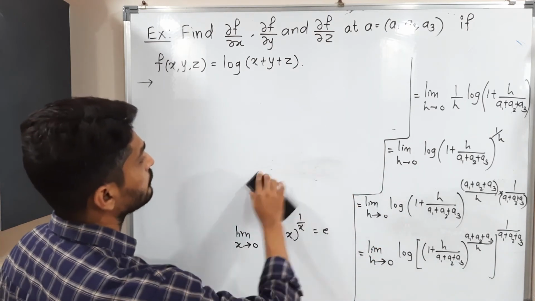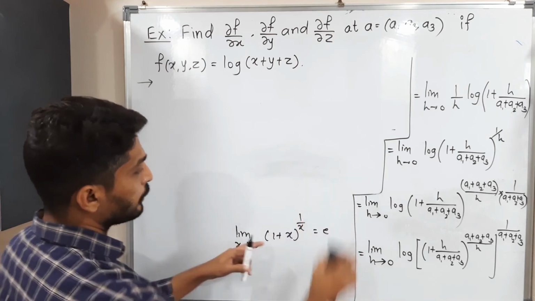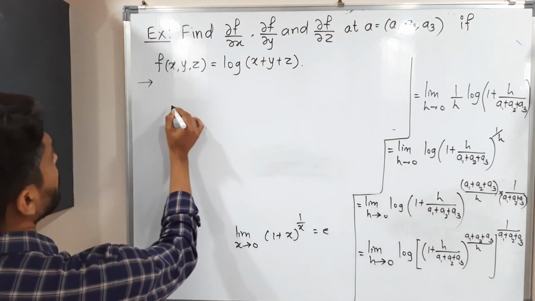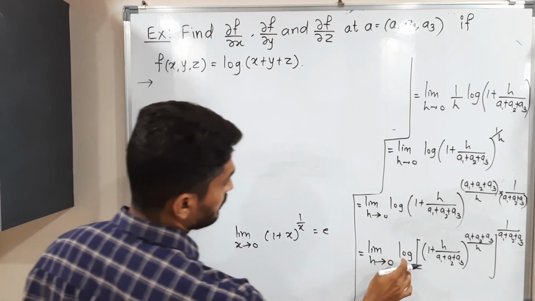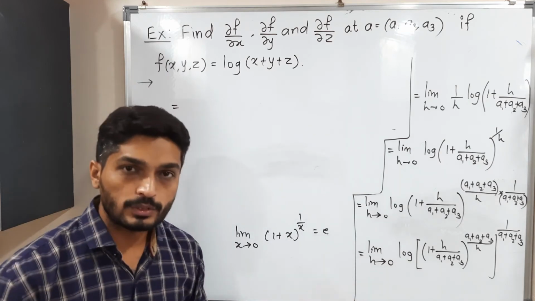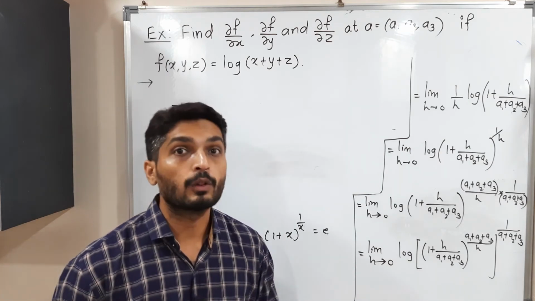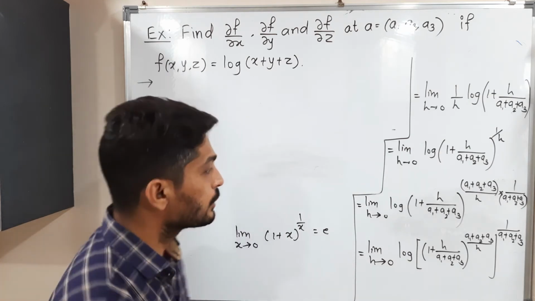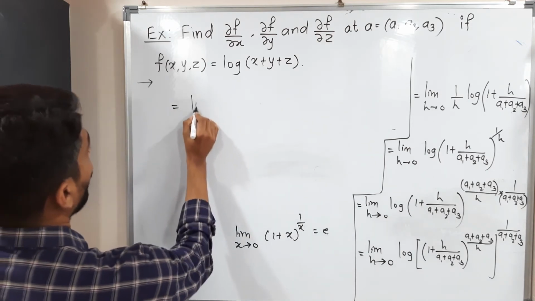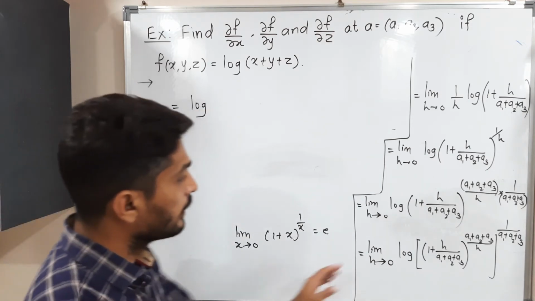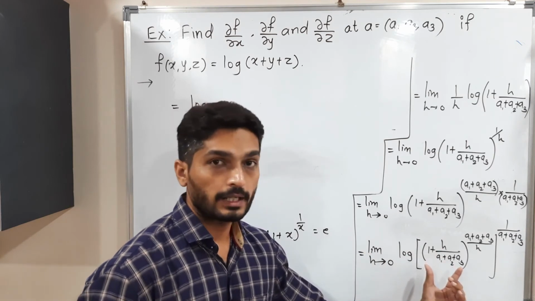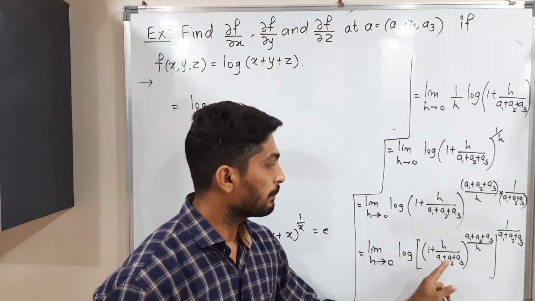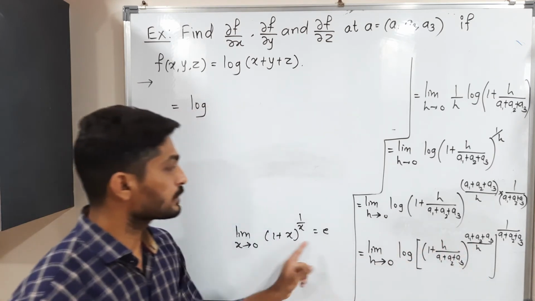Remove it now. So see, this thing I am going to use. Tell me what will you have. No need to think about this log. Log will come outside and limit will go inside the log, and you can operate. So log will be outside. If you operate limit on this bracket, 1 plus x raised to 1 by x, its value is e.